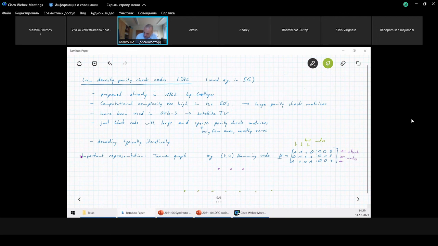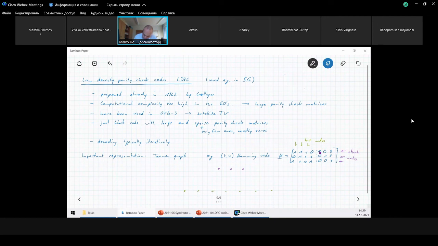And this Tanner graph basically describes which bit nodes, or which bit values, contribute to a certain check node. So we could say the first bit in our syndrome is calculated by using the first, second, third, and fifth of the received bits.